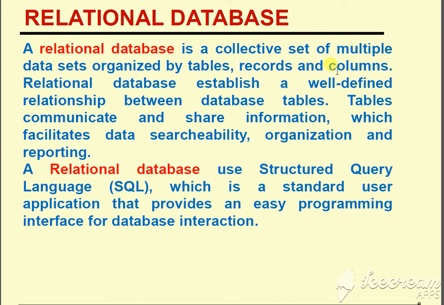When they are combined and formed into one particular set, it is called a relational database. In a relational database, a well defined relationship is established between database tables. It will share the data, organize the data, and report the data, so every different type of related work will be done with it.